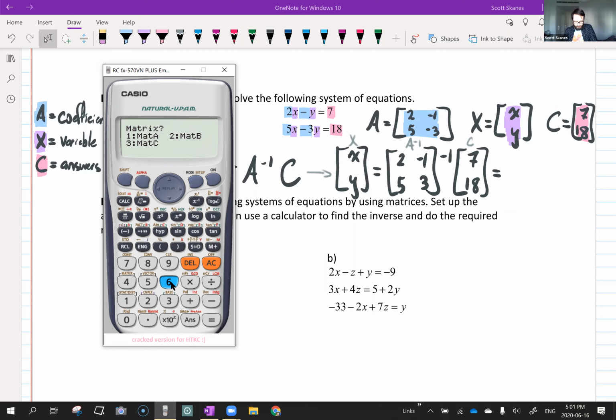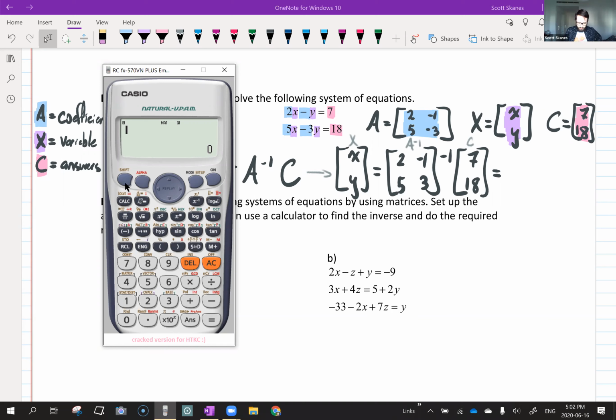Mode 6. Set up the matrix. It's a 2 by 2, so number 5. It's going to be 2, -1, 5, and 3. The matrix is okay. I'm going to save it with AC. Once again, you never press mode 6 again for the same problem. You need to go to shift 4.